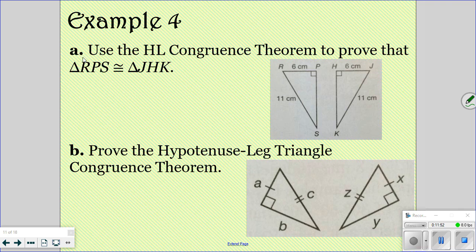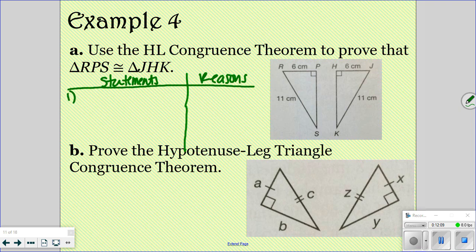So let's do a two-column proof on this one, just for practice. It's not going to be terribly long. So we know that triangle RPS and triangle JHK are right triangles.